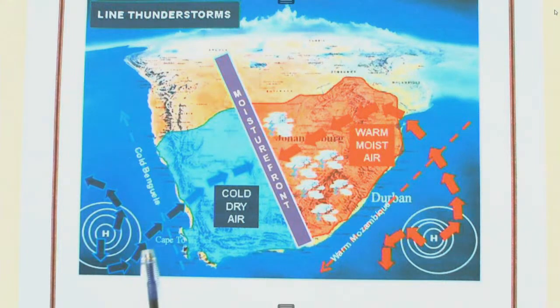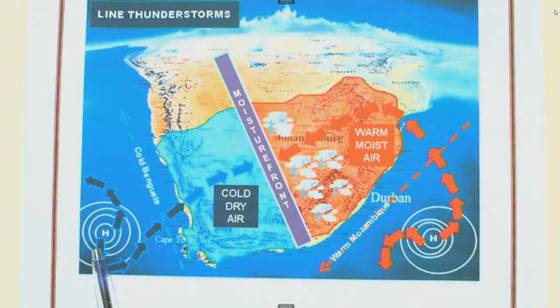Remember, in the previous discussion we were talking about the cyclonic circulation, but this time around we'll look at the anticyclonic circulation. We have three high pressure cells around South Africa, but in this instance we have this one, which is the South Indian High, also known as the Mauritius High.